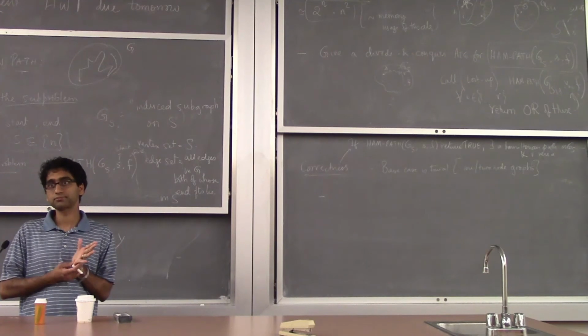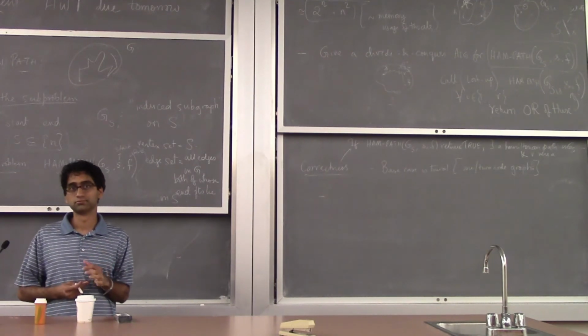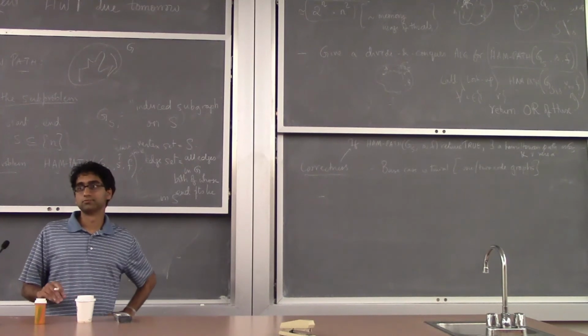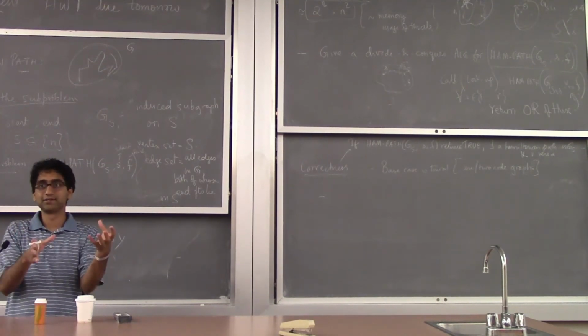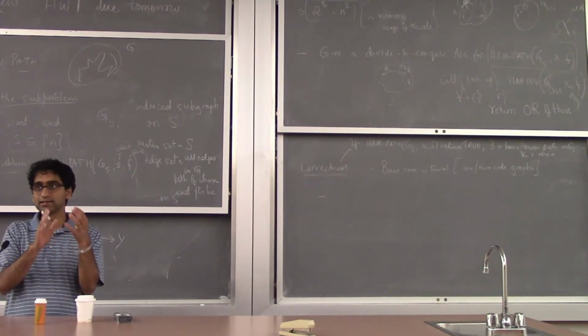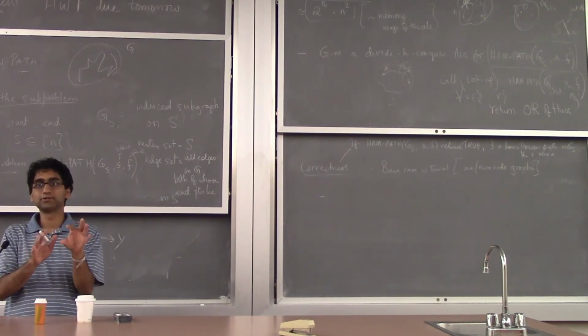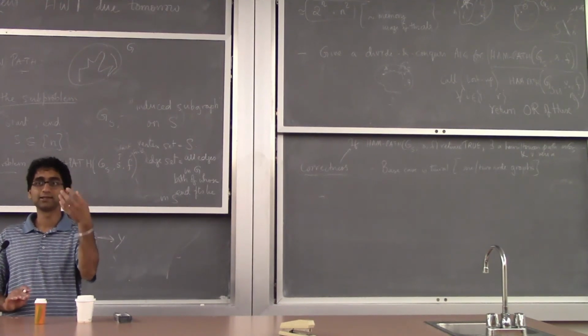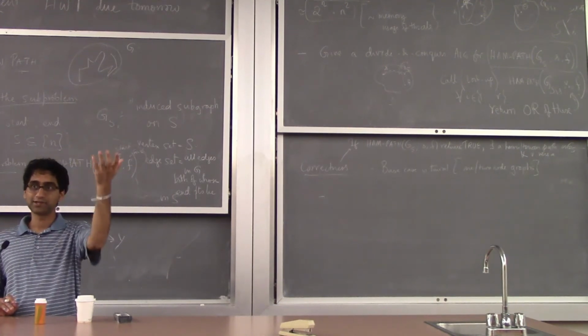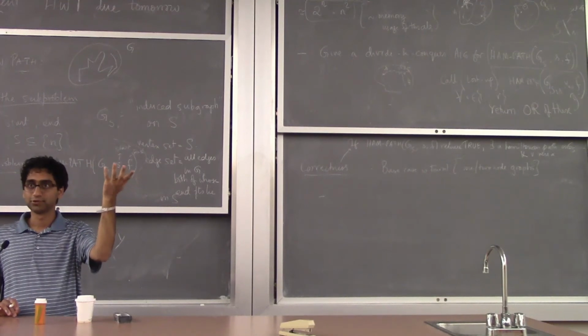If this returns true, then Vk minus 1 is also part of the Hamiltonian path. So I will keep on checking like that. So you're essentially saying that somehow the size of S is the key thing that matters. So you prove it for 2, you prove it for sets S of size 3, sets S of size 4, and so on.